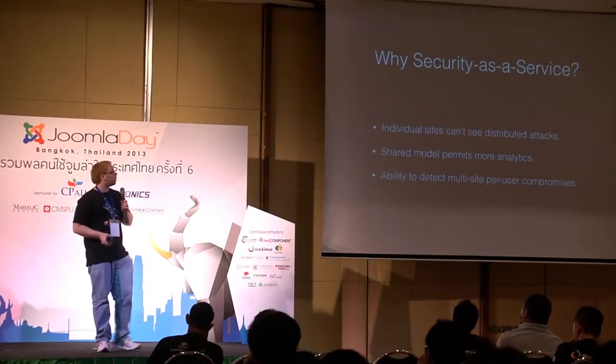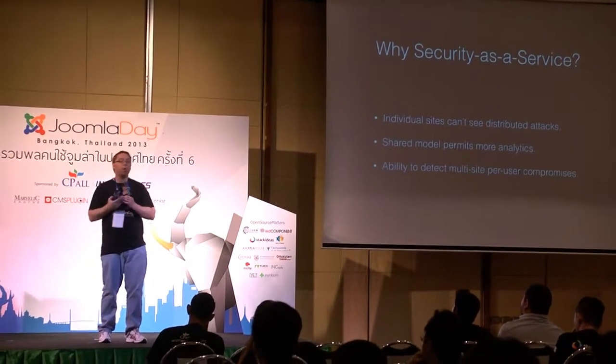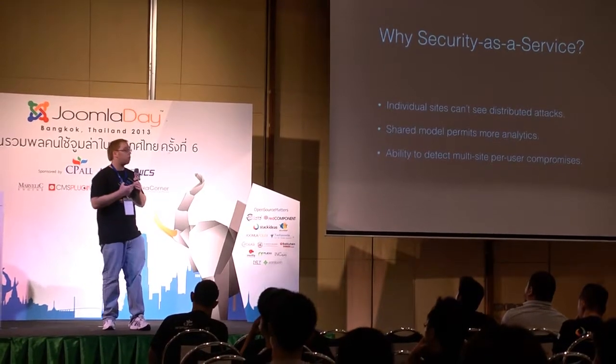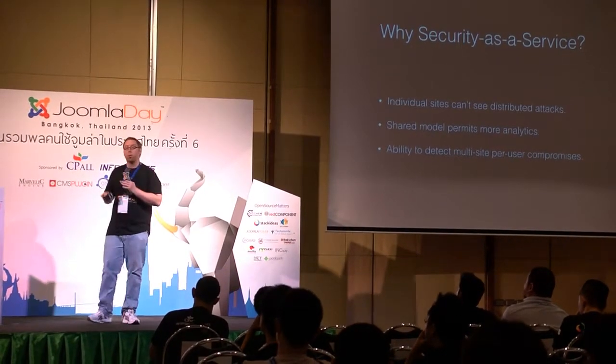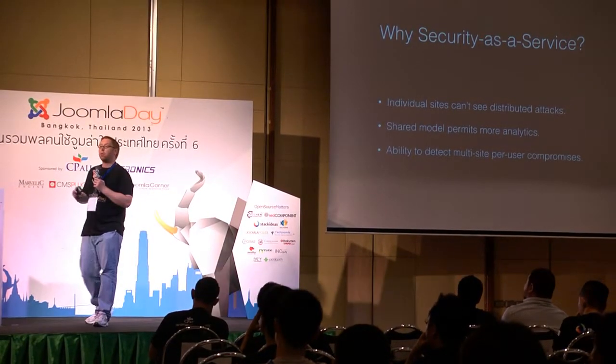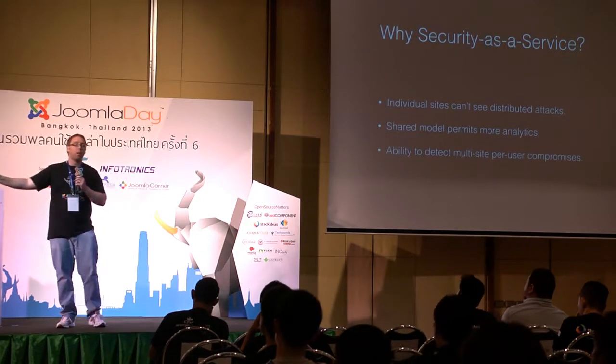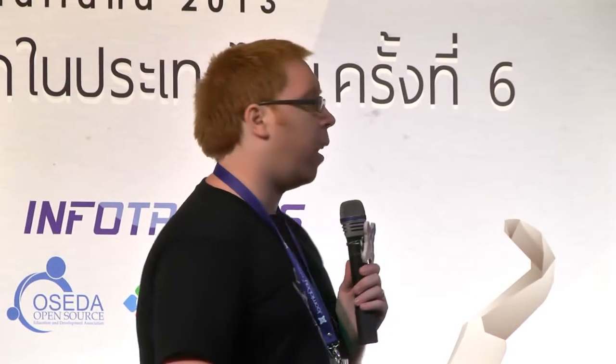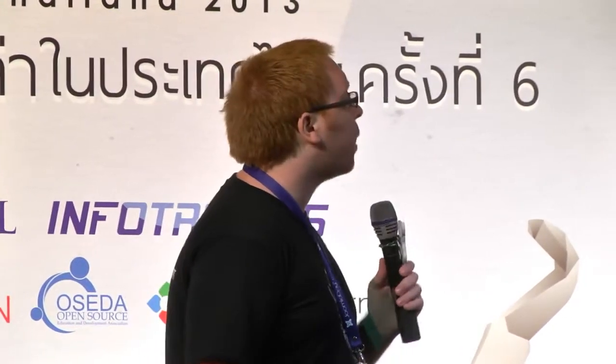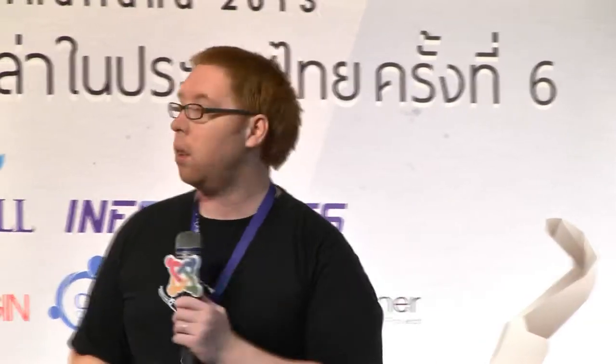And that's a really useful ability because you don't have that in a single site model. You can't go, well, Johnny, who has this email over here, is now mysteriously logging in from Kazakhstan, and now all of a sudden he's logged into all of these websites right now. That's probably not Johnny.